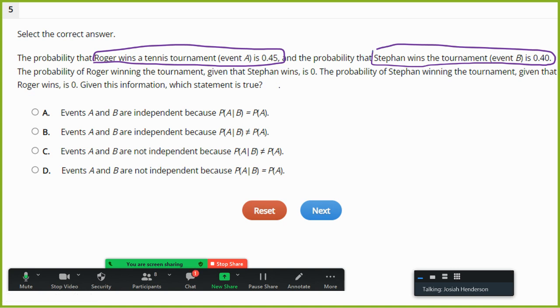Let me write that out with symbols. Probability of A given B is 0. And I guess that makes sense because two people can't win the tournament, right? There's only one person at the end of the tournament. Then the last sentence, the probability of Stephen winning, given that Roger wins, is also 0. Probability of B given A is also 0. Which statement is true?